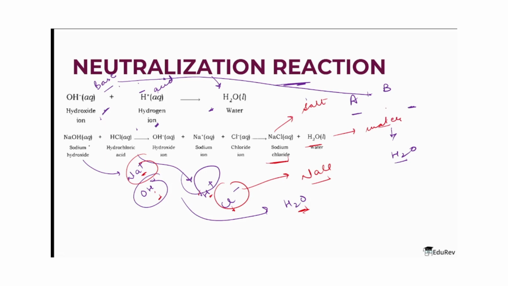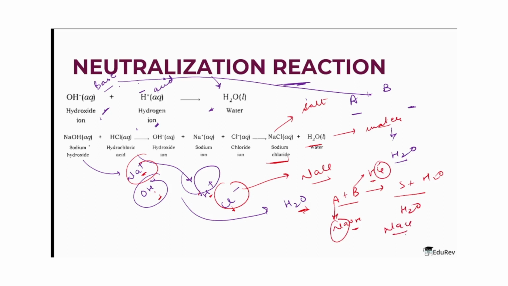It's a pretty simple neutralization reaction. When an acid and a base react, they form salt and water. Here we were talking about the base NaOH and the acid HCl. So the hydrogen ion and hydroxide ion form water. What is left? Cl and Na are left.